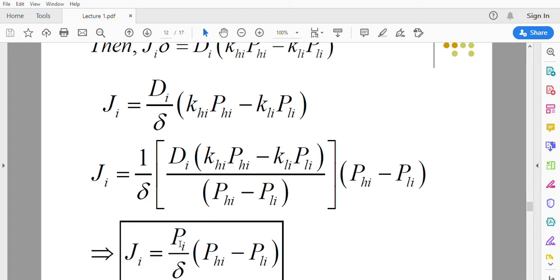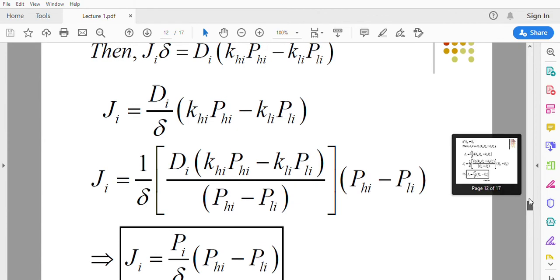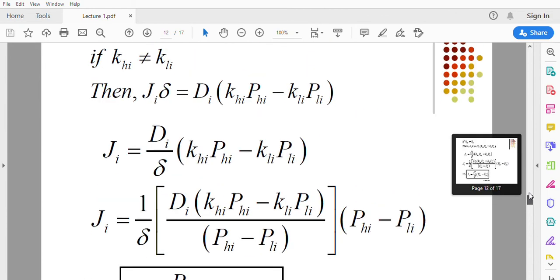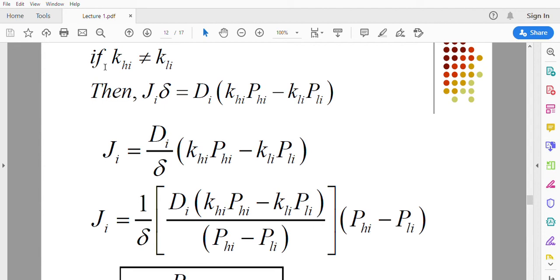So here Pi equal to this term in bracket. So Gi equal to Pi by delta (PHI minus PLI), where Pi equal to this term. This is the condition where your Henry's constants are different at both sides of the membrane, KHI is not equal to KLI.